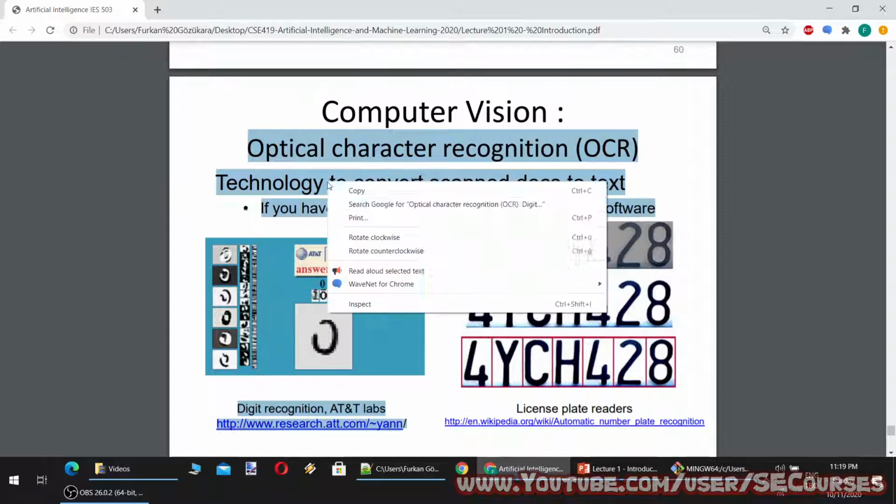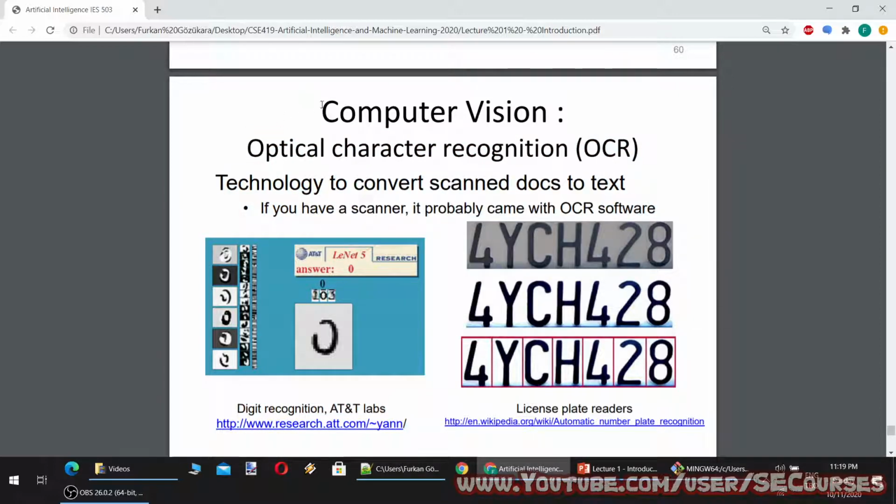Okay, so let's see some of the computer vision applications. Optical character recognition, very popular.